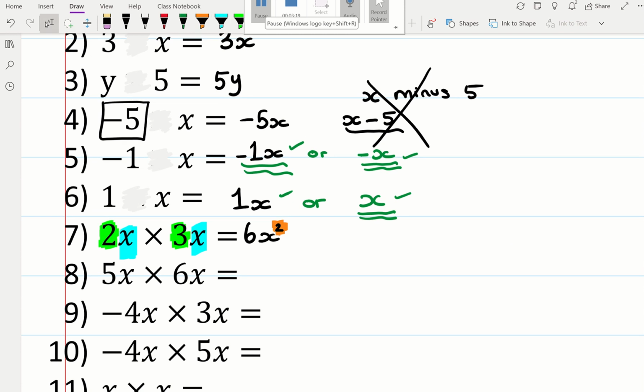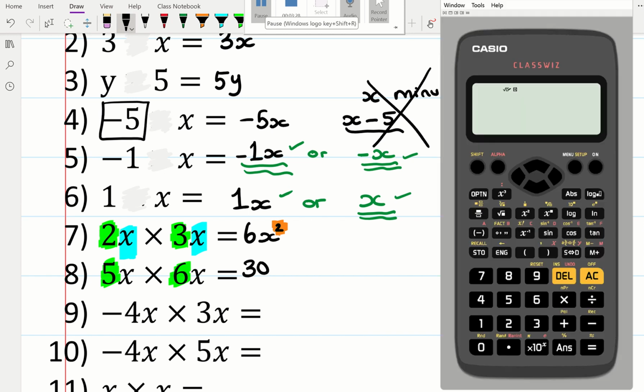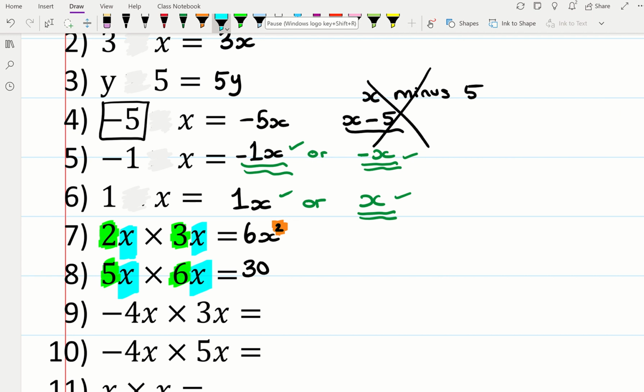And the same with question 8. 5 times 6 is 30. And if you're not sure, you can use your calculator to help you. You can only use your calculator for the numbers. 5 times 6 is 30. And then x times x is x squared.